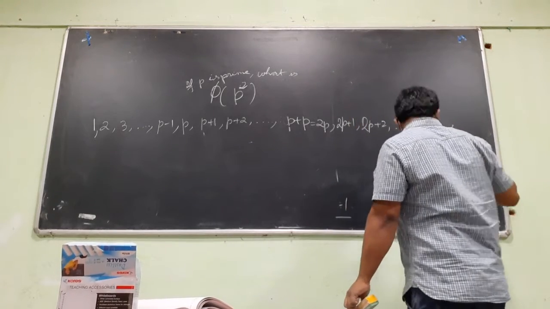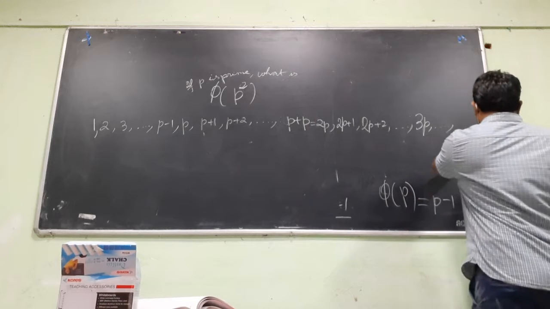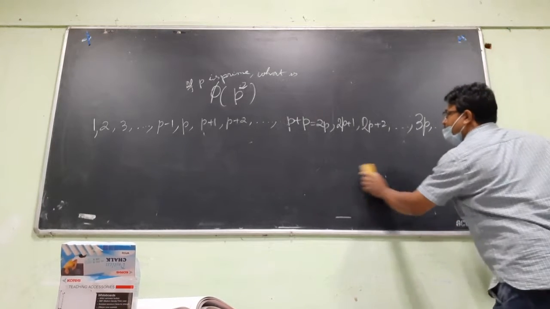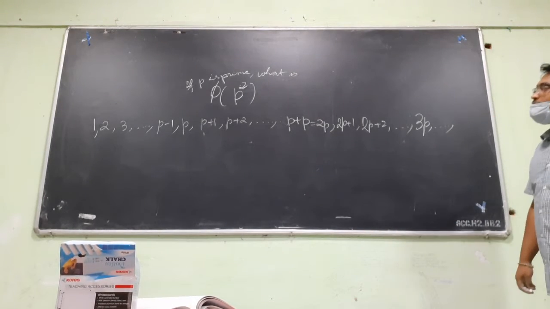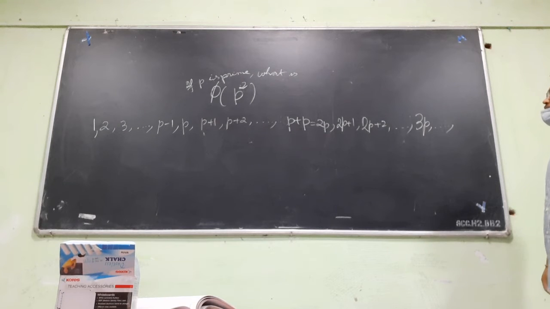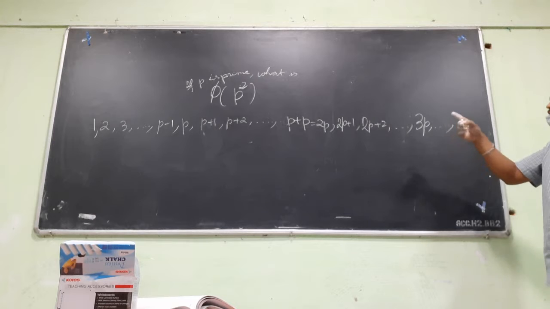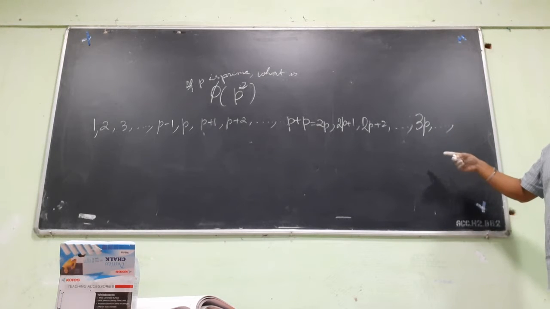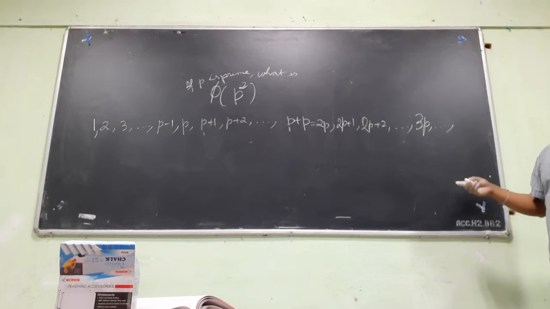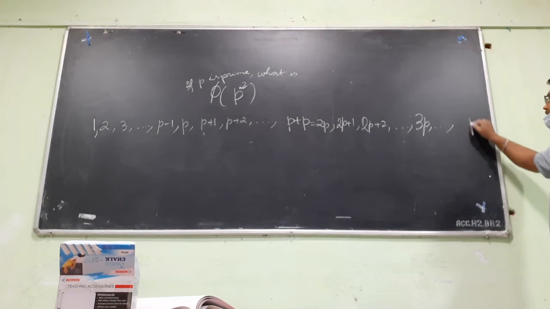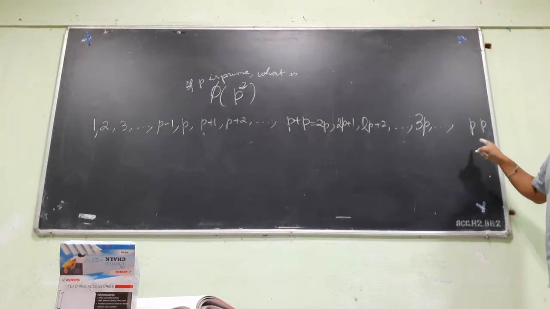Ultimately, where will you stop? 1p, 2p, 3p, 4p, 5p, 6p, and after some stage you should be able to get pp.